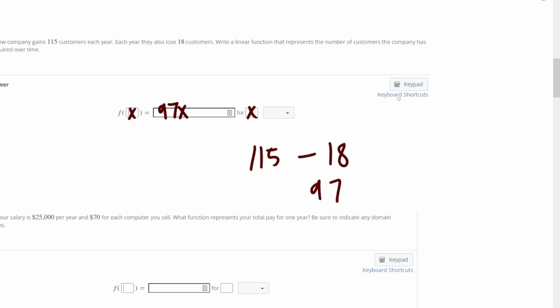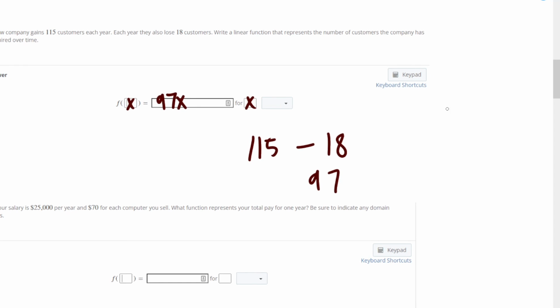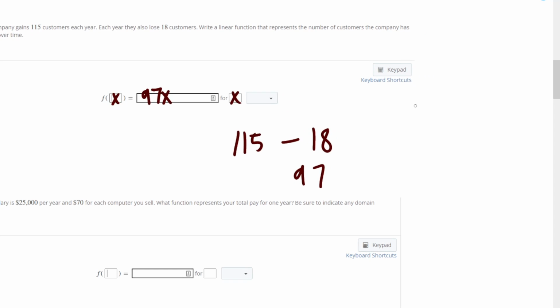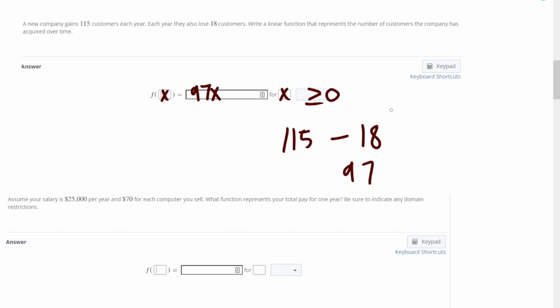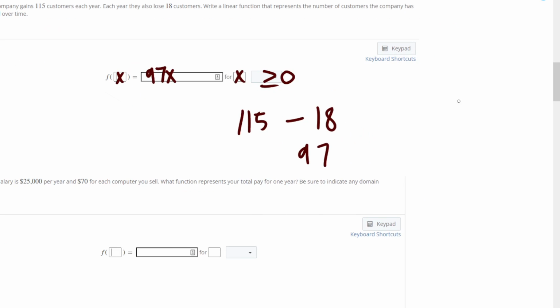We actually need to find our x-intercept, sorry. So we need to plug in 0 for y. Because if we do greater than or equal to 0, 0 is representing our years in this case because x is our years, right? But our customers is f of x, or y is what you're familiar with.